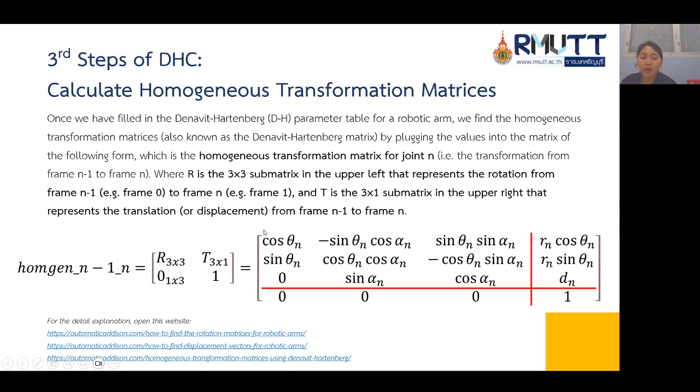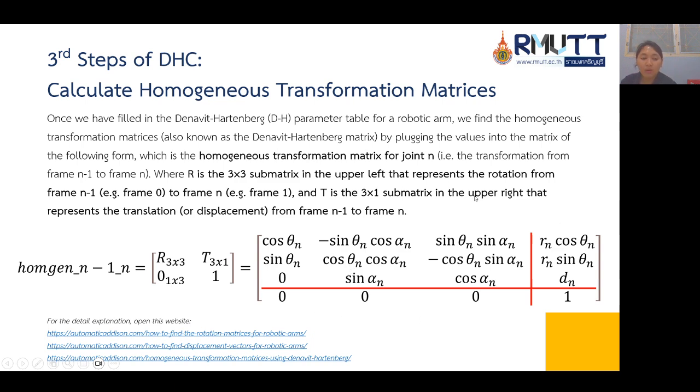I got this matrix from this website. You can see the detailed explanation of how to determine the rotation matrix and displacement vector from this link.